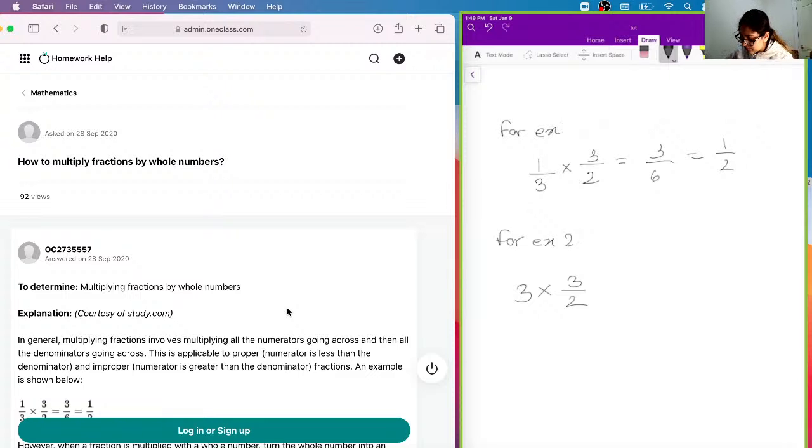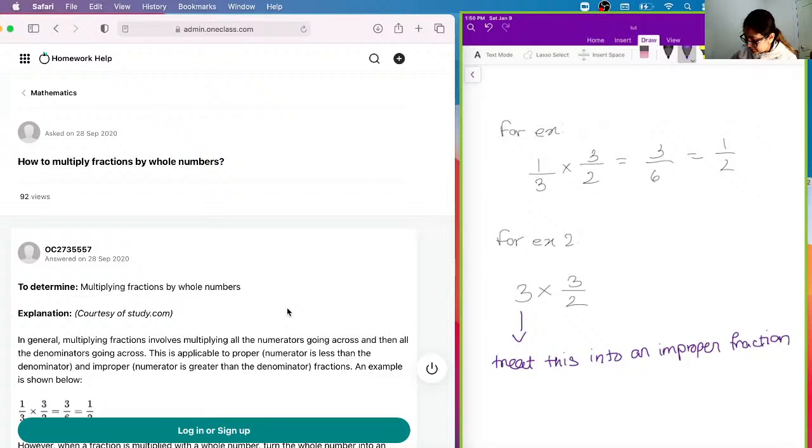Since 3 is a whole number, we're going to treat this as an improper fraction.